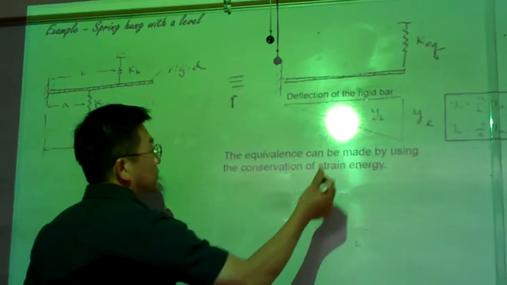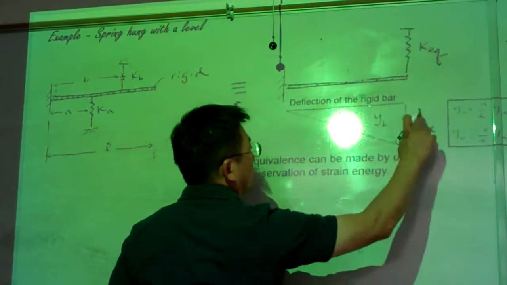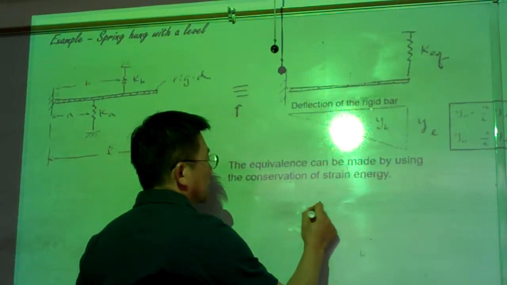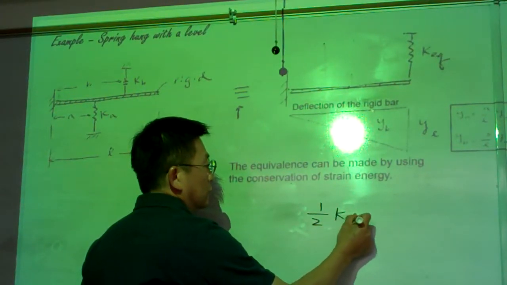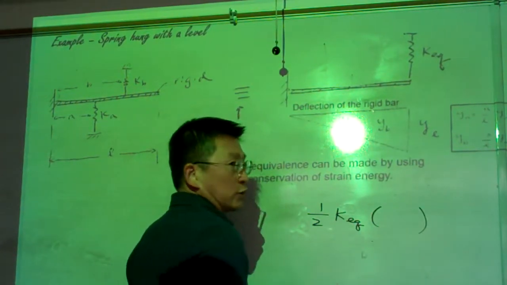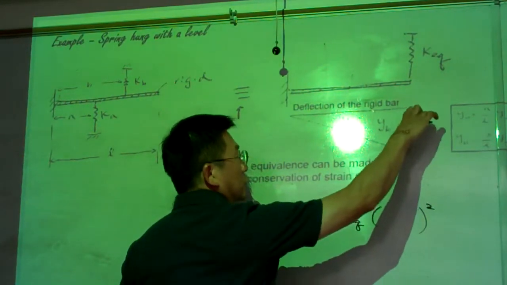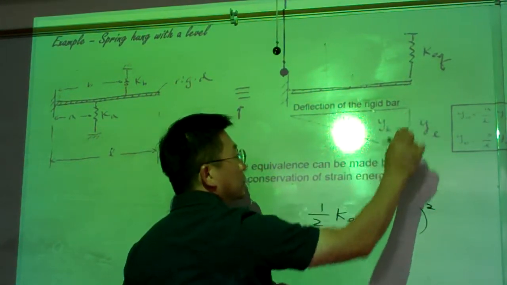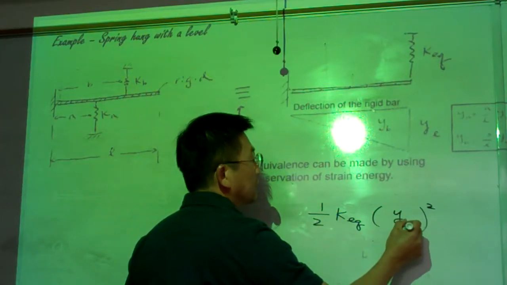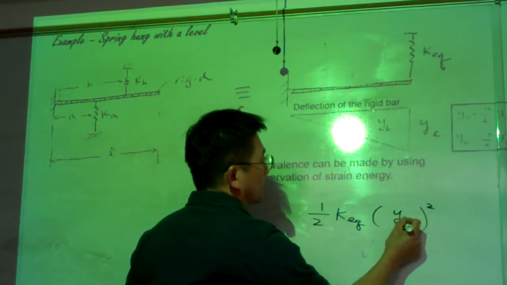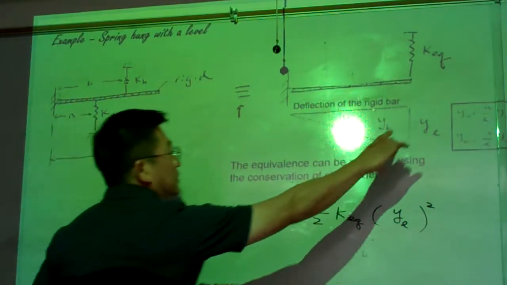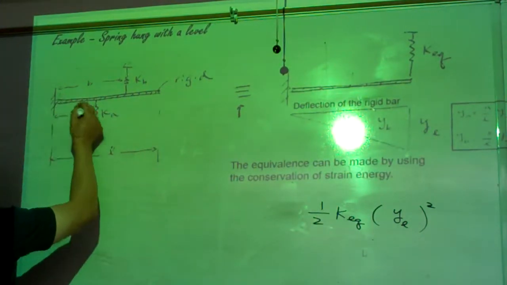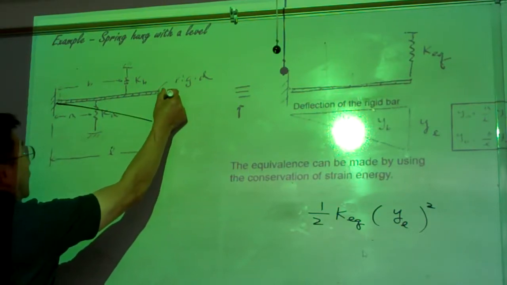For this case, assuming the lever is deformed by that much, the energy is equal to one half KEQ times the deformation squared. Assuming the free end is deformed by that much, let me call it YL using my notation here.